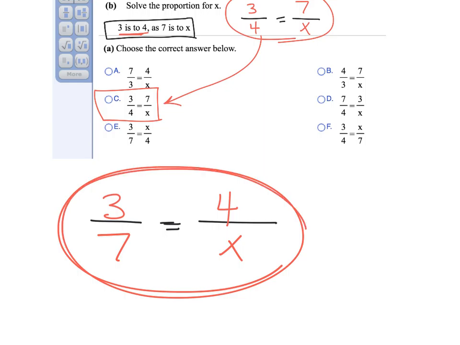So this is another option that we could have done. It wasn't one of our choices, so we didn't have to worry about it. But just to let you know that you can either write your proportion up and down, or you can write your relationships side to side.